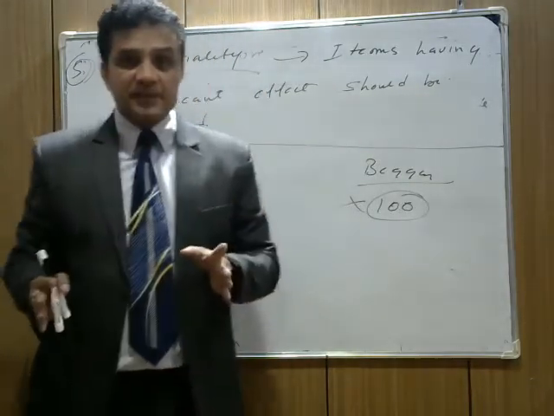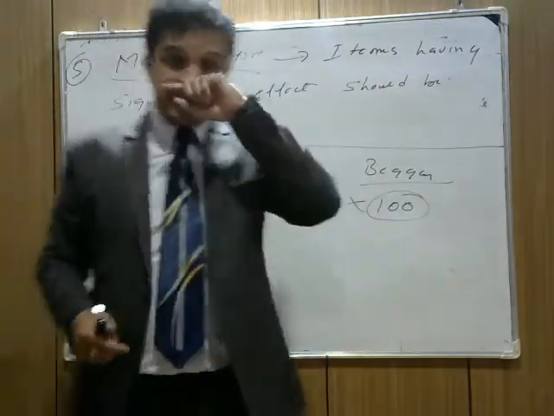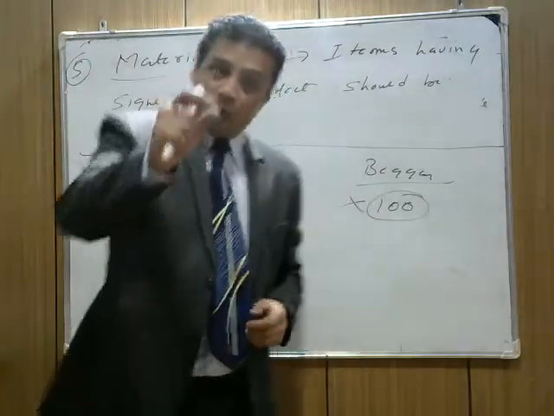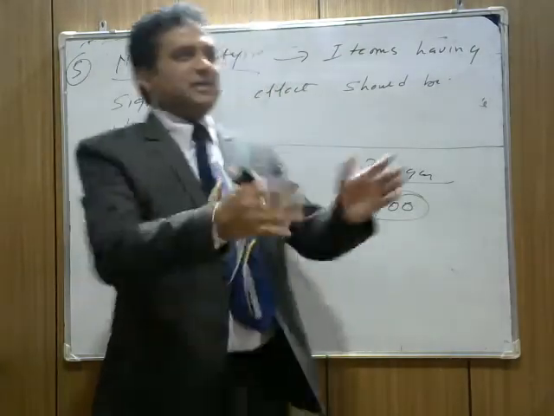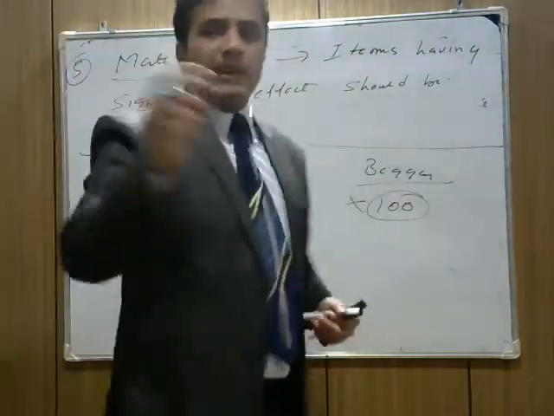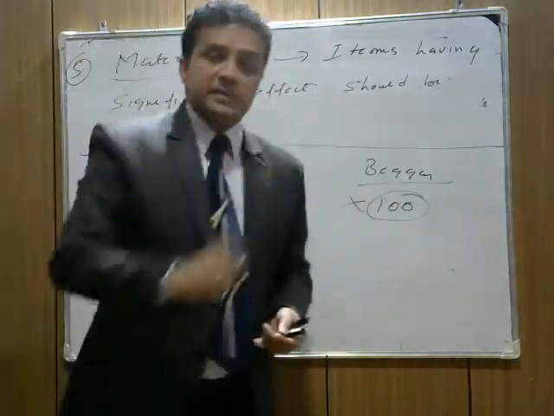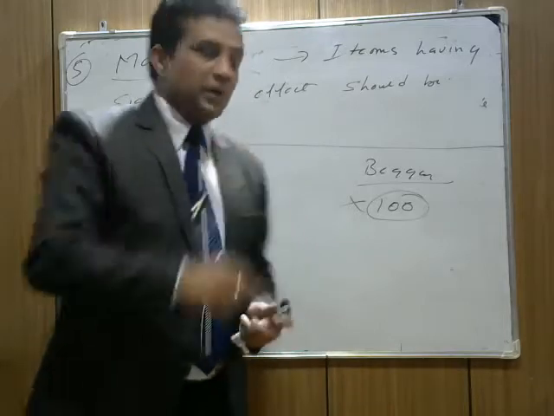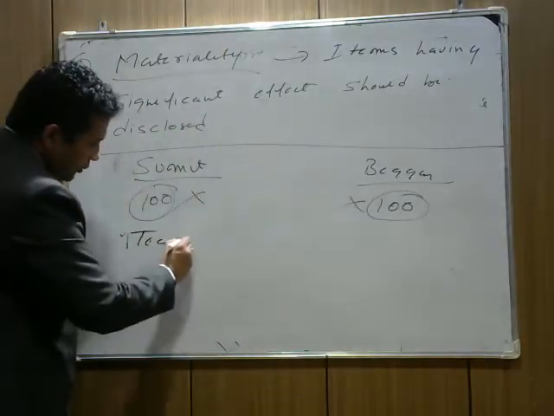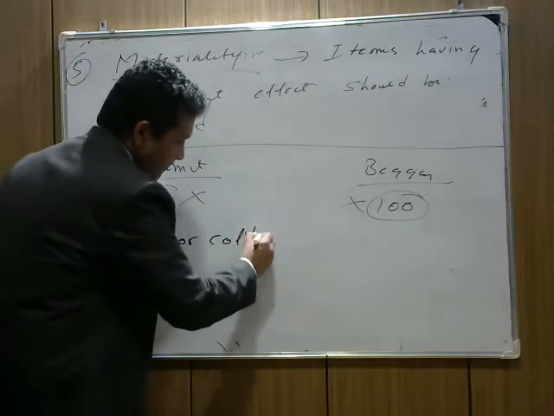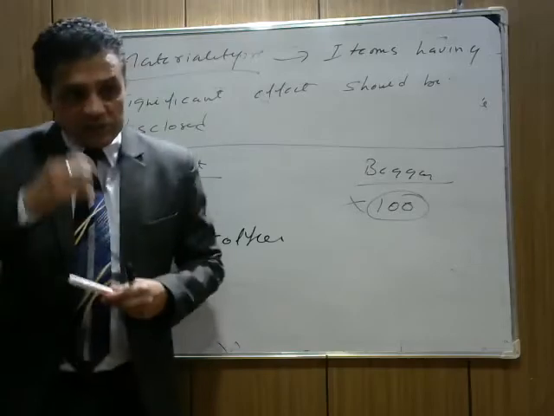Whatever information has a significant effect, this tea, coffee, snacks, cold drinks you are offering daily to customers coming to your showroom, should be disclosed. I hope it's clear. Daily 1,000 rupees doesn't matter for us, but multiplied by 365, you are spending about 3,65,000 rupees. It matters. So this item should be disclosed.